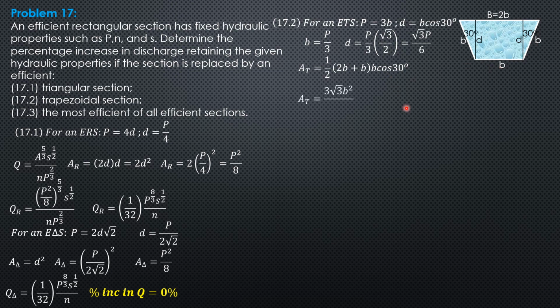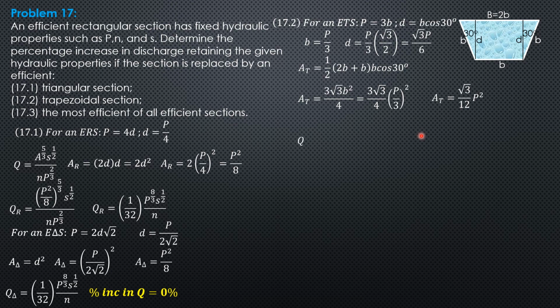So it is equal to 3 square root of 3 over 4B square. Replacing B in terms of perimeter, which is perimeter over 3 quantity square. Simplifying, it is equal to square root of 3 over 12 perimeter square.